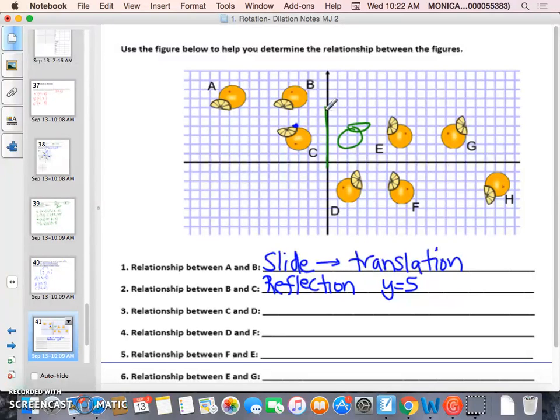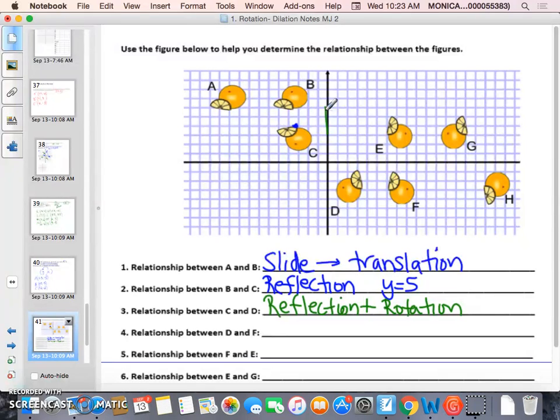And then to get it from there, you could then rotate it to get it to fit on shape D. So I would say that this would be a relationship between a reflection and then a rotation, and that would get you where you need to be. So, reflection plus a rotation.